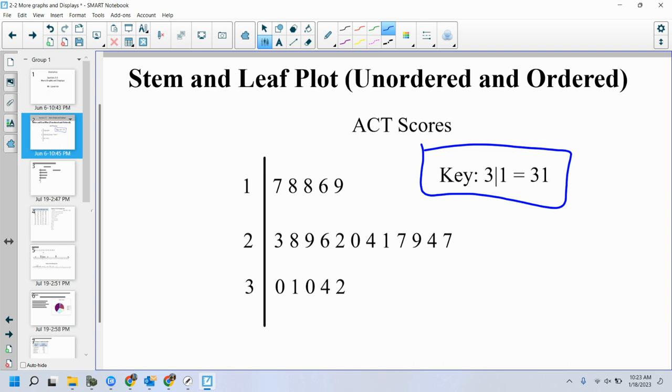So stem and leaf plots are interesting because they're kind of like a histogram where you can see the trend of the data. It's separated by categories almost, but you can see individual entries. Like if I look at a stem and leaf plot with my head tilted to the side, it kind of looks like a histogram.